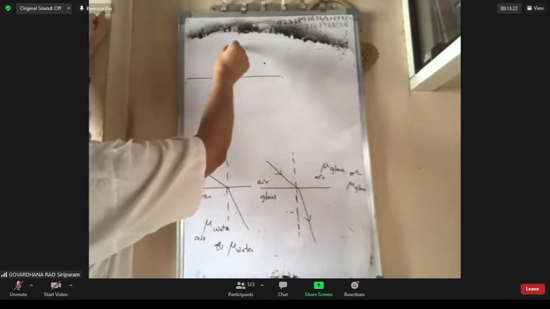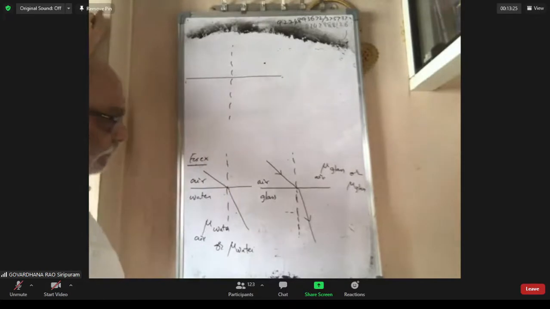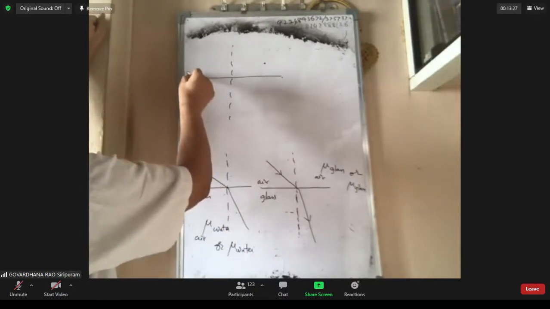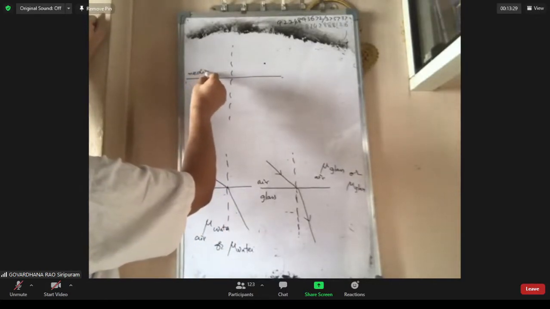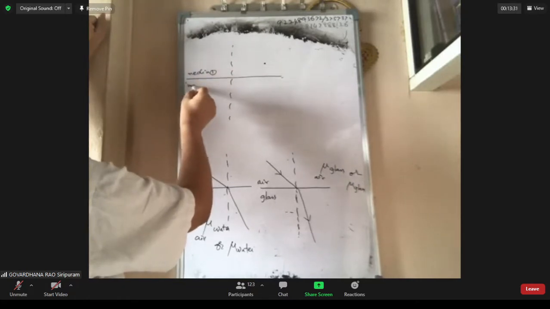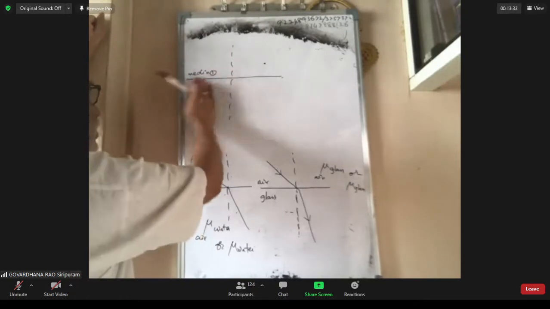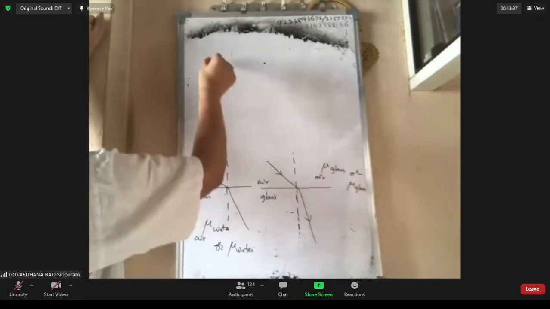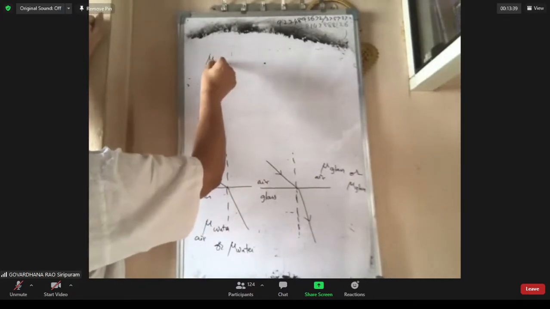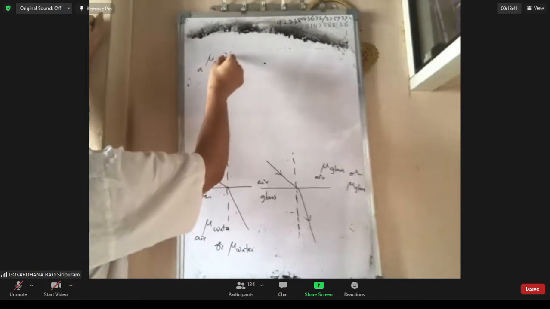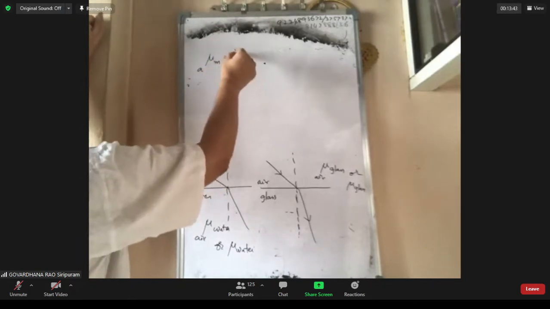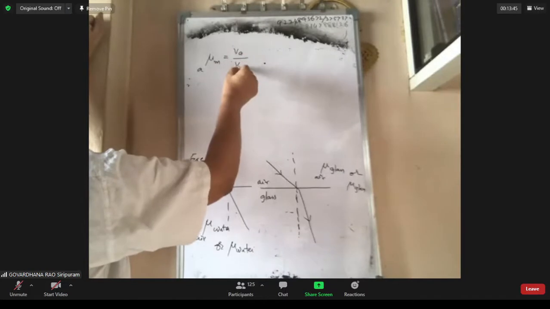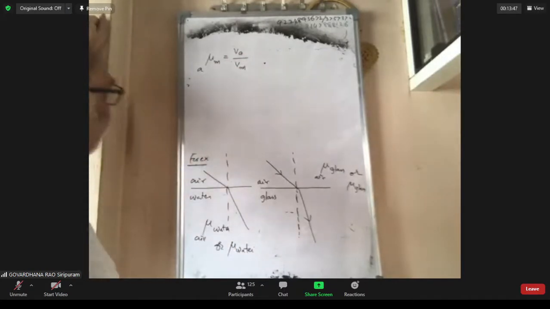Suppose this is the normal. This is medium. The refractive index of medium with respect to air is the velocity of light in air by velocity of light in medium.